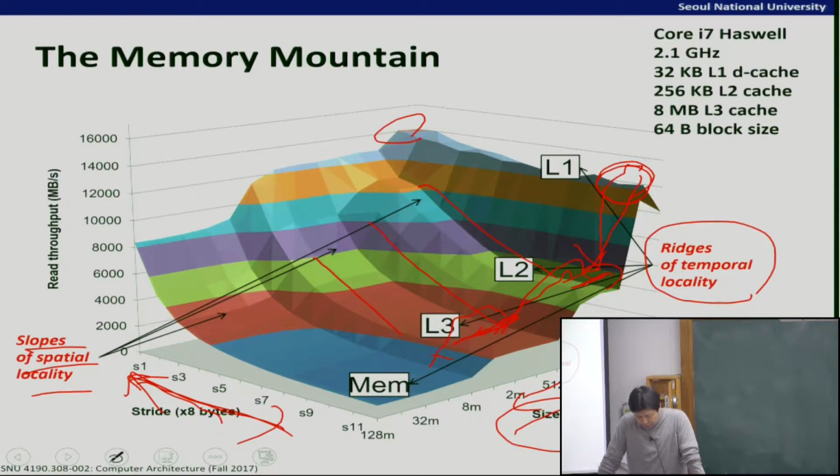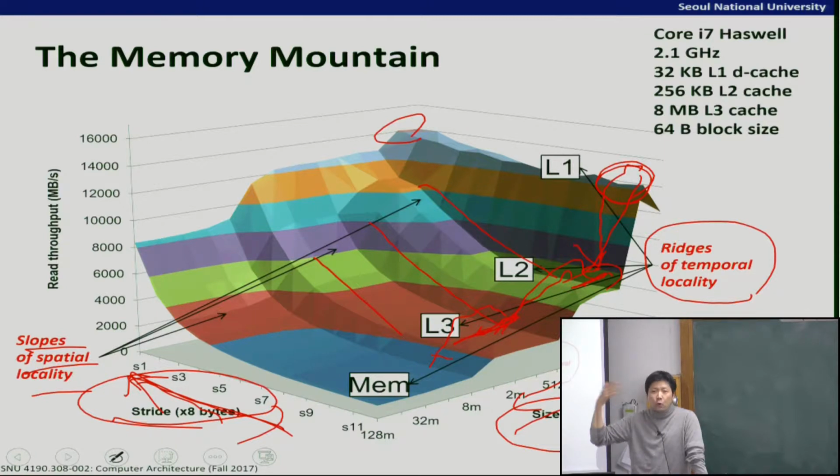So if you increase the stride, it shows poor spatial locality. Because if you have a very dense stride-one access, then you have very good spatial locality. But if you increase the stride, then the spatial locality will be degraded. That's shown by this performance degradation as you increase the stride.